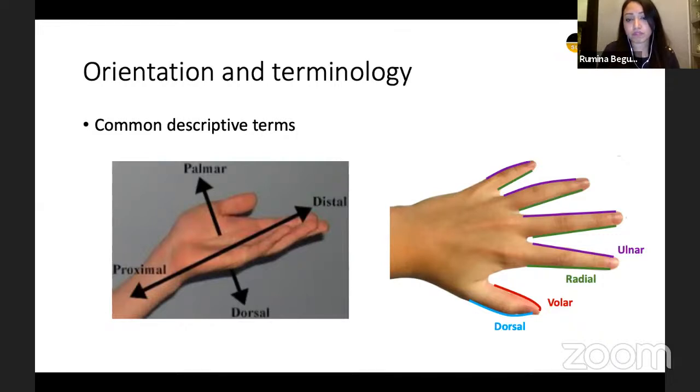And the other thing to remember is when describing injuries or anatomy of the digit, the borders itself, you can say medial or lateral, but we tend to say radial and ulnar, particularly because pronation, supination of the hand can become confusing. And again, particularly as depicted in the thumb diagram, the volar aspect and dorsal aspect are the terms used to describe the anterior and posterior of the thumb.